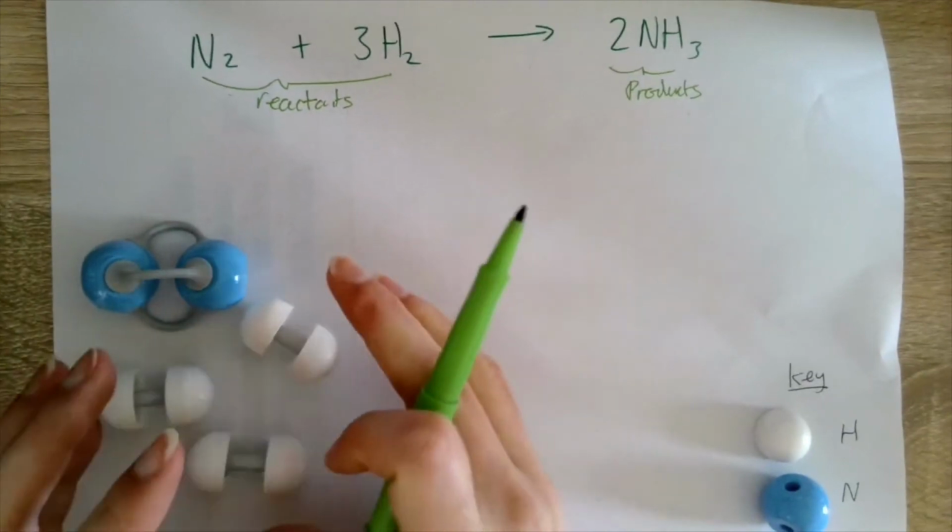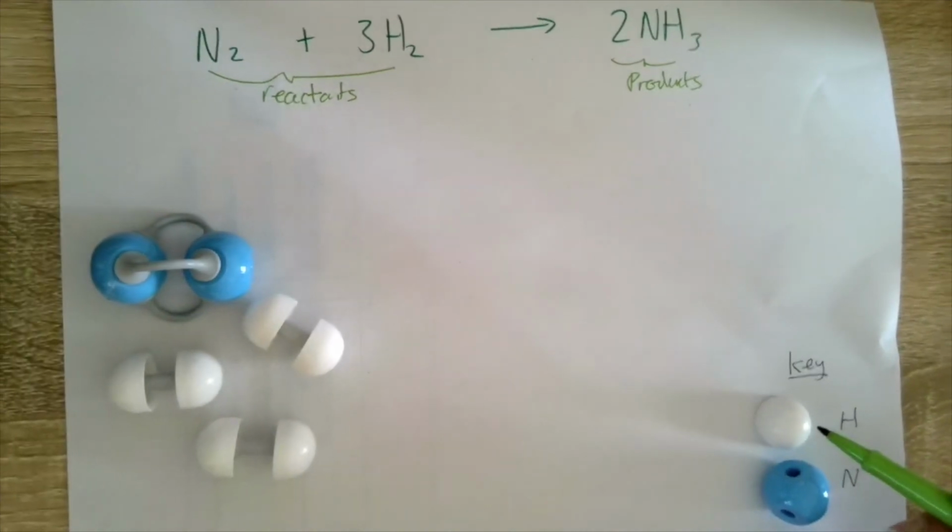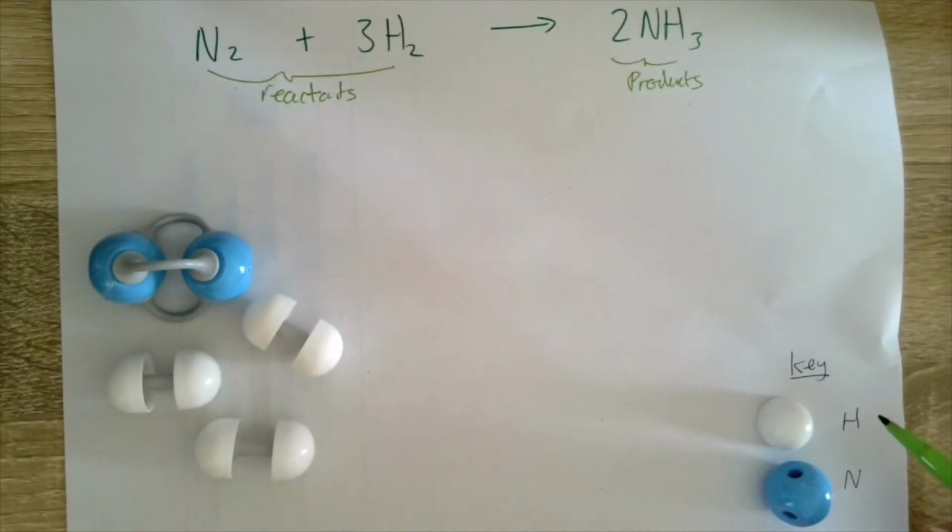So again, I'm using some molecular models to help us with this. My key is at the side, so the white semispheres are the hydrogen and the blue ones are the nitrogen.